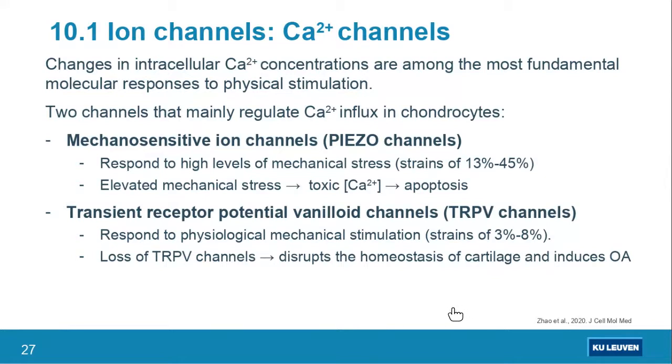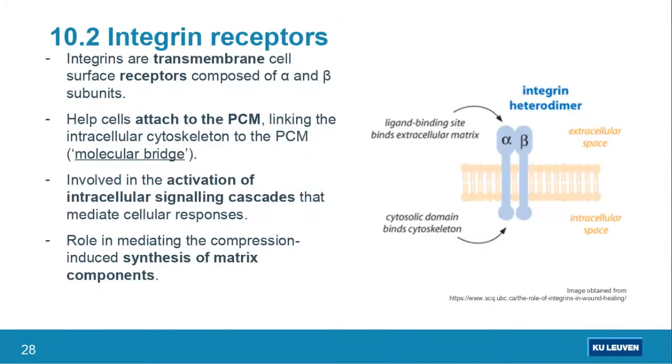Another type of receptor that plays a role in mechanotransduction in chondrocytes are the integrin receptors. Integrins are transmembrane proteins that link the extracellular space with the intracellular space, and therefore they are sometimes referred to as the molecular bridge between the PCM, or pericellular matrix, and the intracellular space.